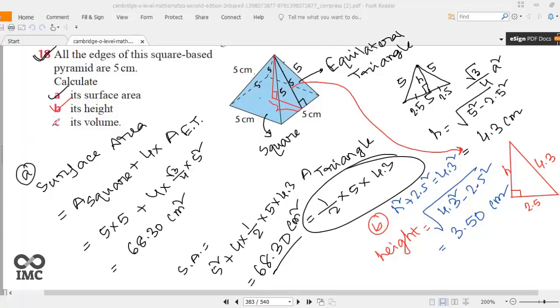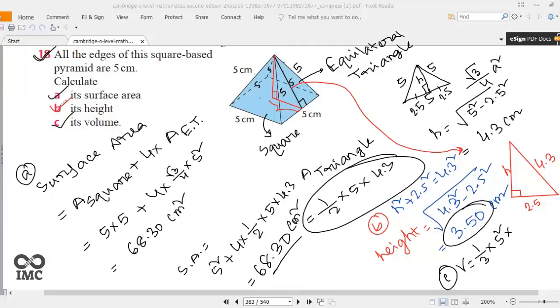Now we need to find the volume. How can we find it? The volume of this pyramid will be 1/3 into base area into height. What is the base area? That is the area of the square, 5 into 5, that means 5 squared, into the height.